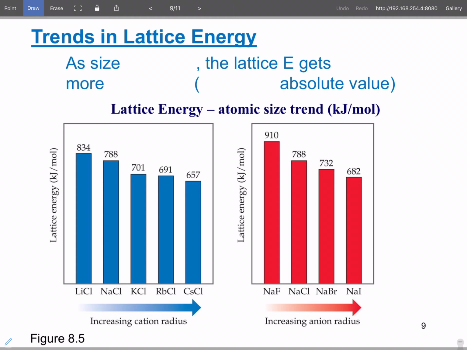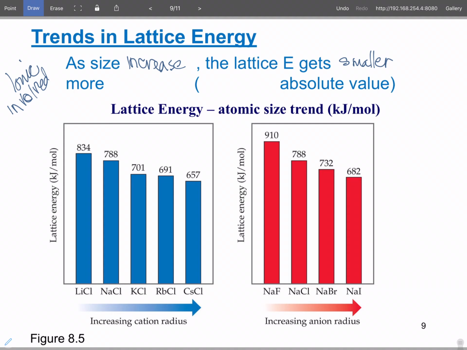So let's talk about other trends in lattice energy. As the size increases, and we're talking about the ionic compounds involved in the lattice energy, the lattice energy itself gets smaller. Okay, so we're not talking about the charges.